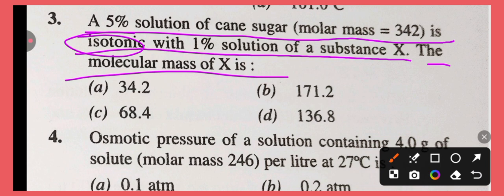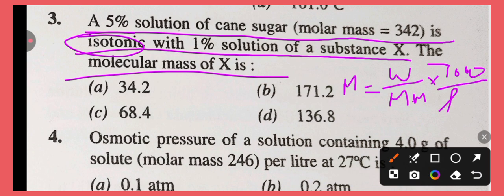Here the osmotic pressure is influenced by the molarity of solution, which we can calculate using the molarity formula. Molarity is equal to weight of solute divided by molecular mass into 1000 divided by volume of solution.